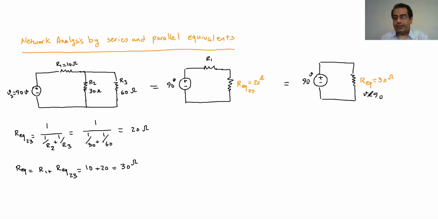And then I can write here that V is I times REQ. So 90 volts, by the Ohm's law that we had, is equal to I times REQ, and REQ is 30.